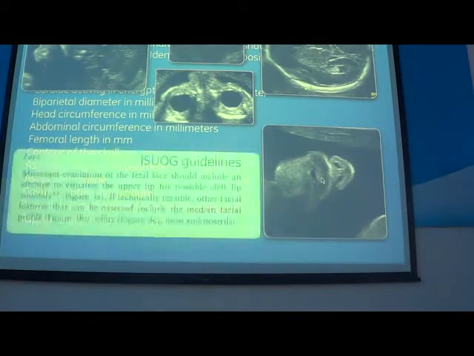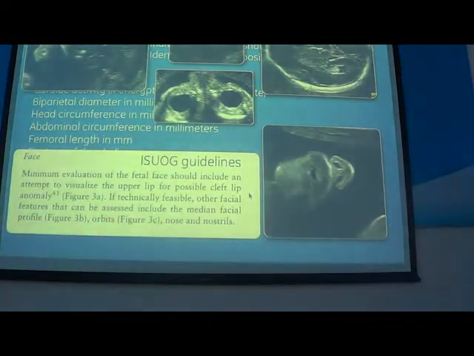And this is the guideline of the ISUOG. Đây là cái hướng dẫn guideline hướng dẫn của ISUOG, là cái hiệp hội siêu âm sản phụ khoa quốc tế. And they asked to do a visualization of the upper lip. This is for the cleft lip.